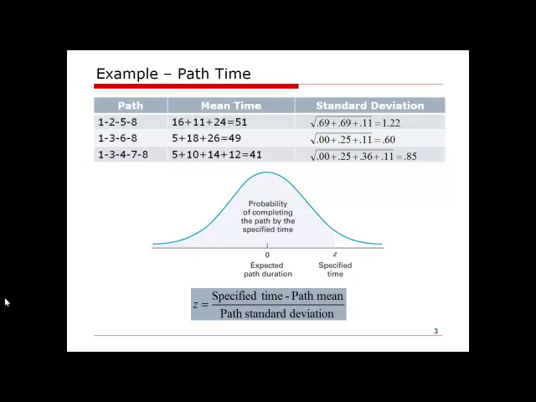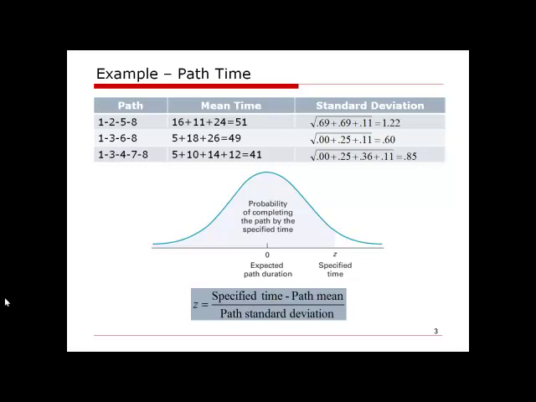Remember, due to the central limit theorem, we can assume that the path time distribution is approximately normally distributed. If we look at the time we spend to finish path 1, 2, 5, 8, we can assume that this path time is normally distributed with a mean of 51 weeks and a standard deviation of 1.22 weeks.